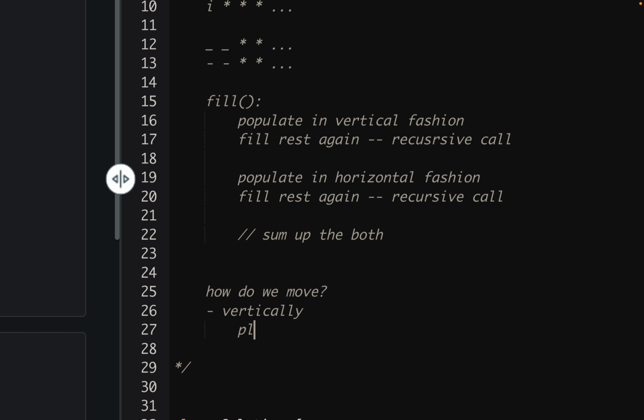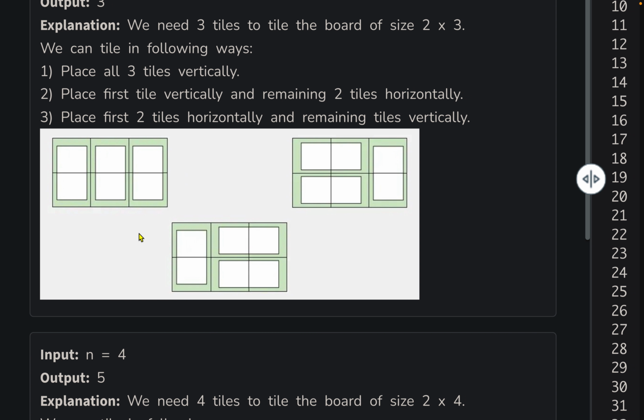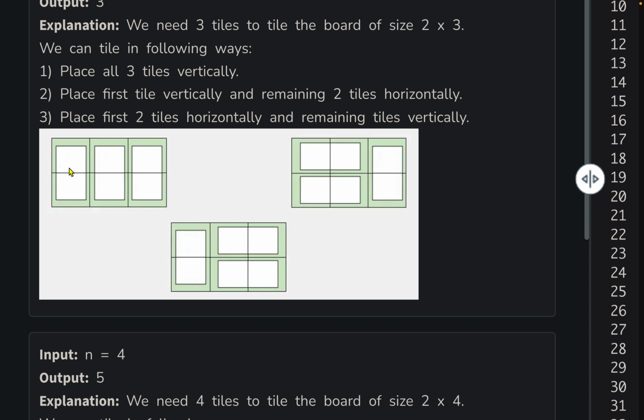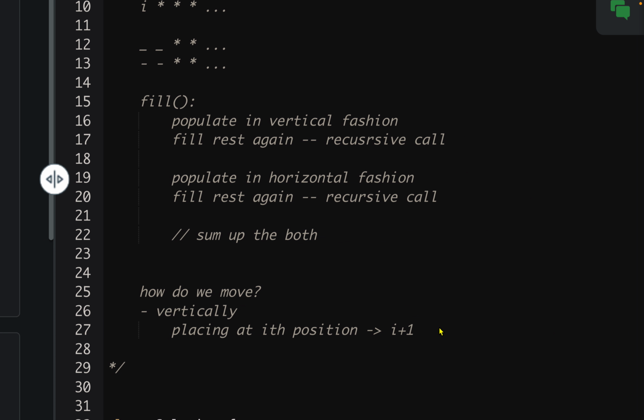Then if I am placing at the ith position, I am moving to the i plus 1 position. Mind here carefully, if I am placing it over here, I am moving one step forward. So let's check how about horizontally.